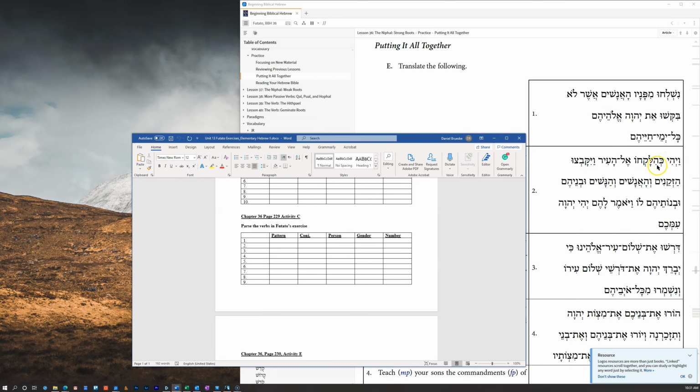So when they took him to the city, they gathered the elders and the men, ha'anashim, and the women, hanashim. And the sons of them, and their sons, and their daughters.